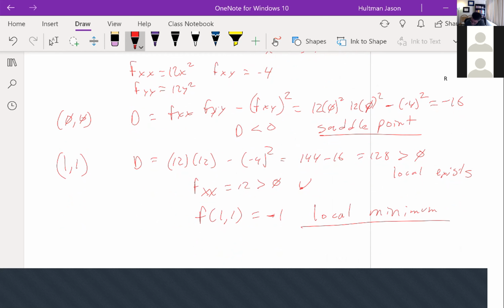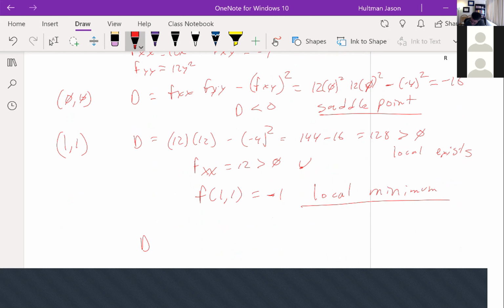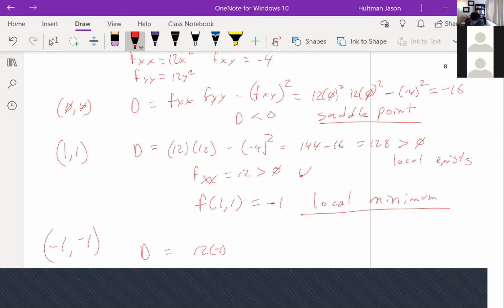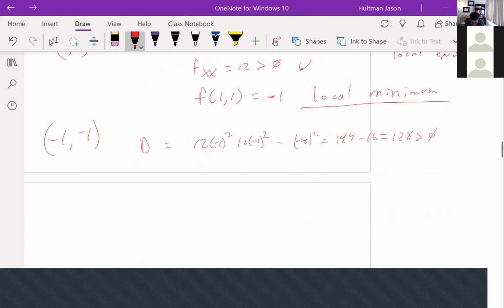Boom. Okay, what about D for negative 1, negative 1? Well, this is going to be 12 times negative 1 squared, times 12 times negative 1 squared, minus negative 4 squared. This is again 144 minus 16, which is 128, which is greater than 0.